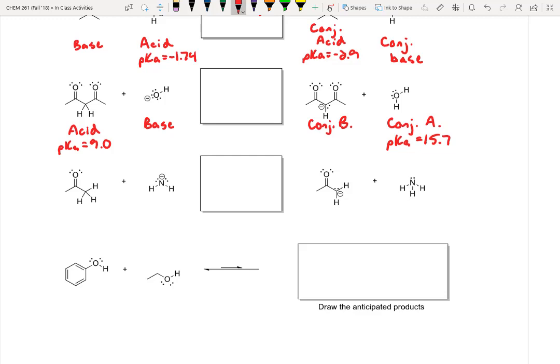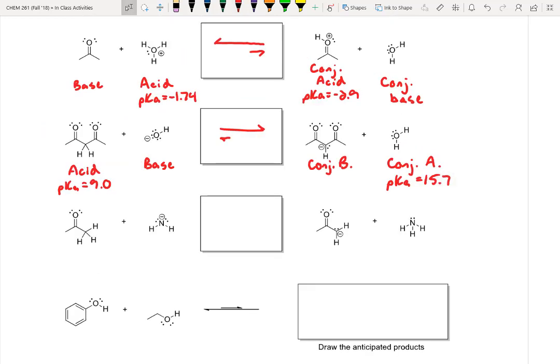All right, so now when we're comparing our acid pKa to our conjugate acid, it appears that this compound on the left is the stronger acid because it has a lower pKa. It's going to push the reaction towards the right-hand side. And so our equilibrium is going to be off balance and favor the right-hand side products rather than the left-hand side compounds.